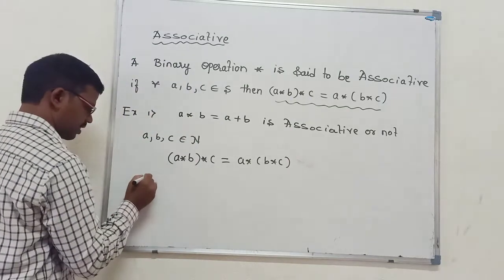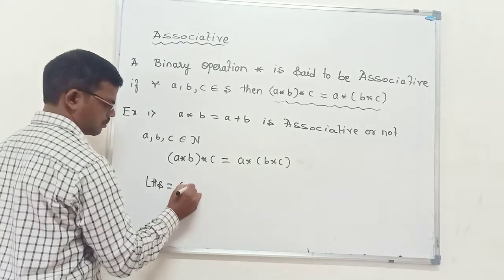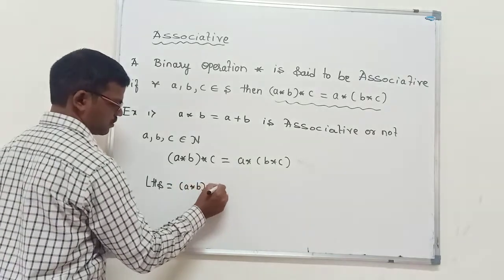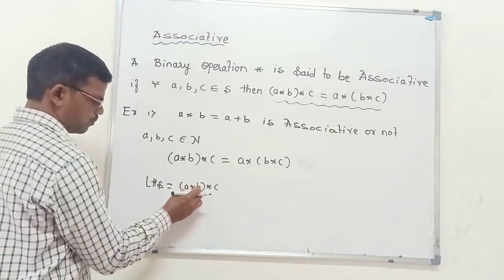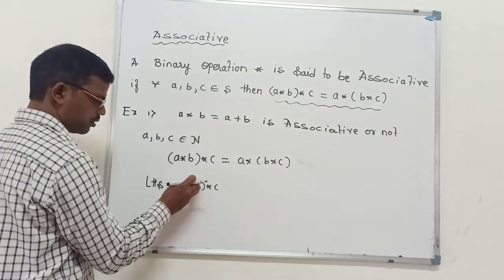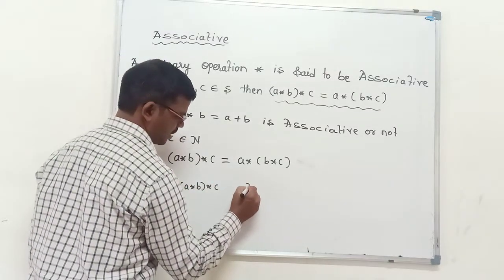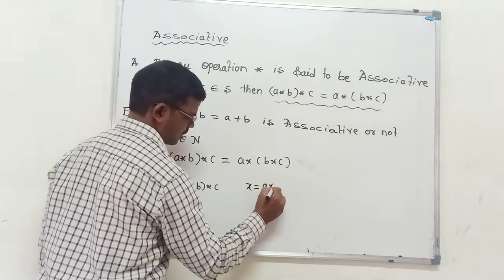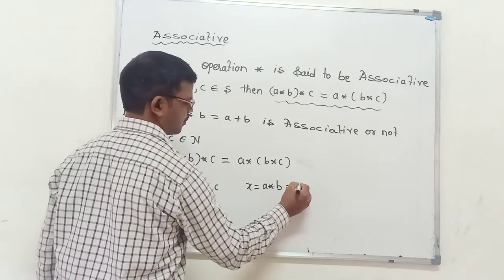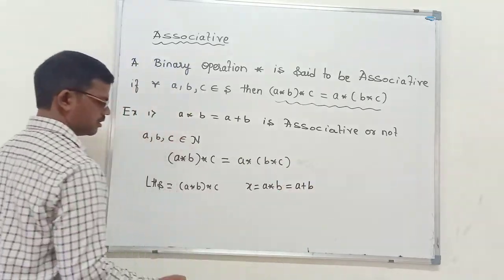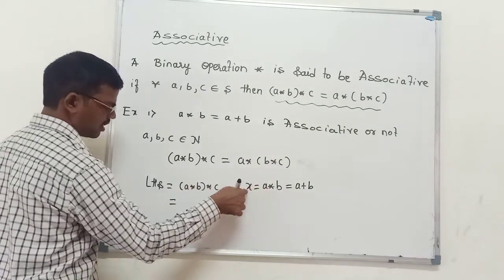First we take the LHS. LHS is equal to (a star b) star c. Whenever we are proving the associative property, first we have to solve for the bracket. Let me name a star b as x.